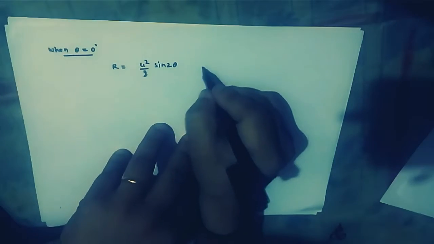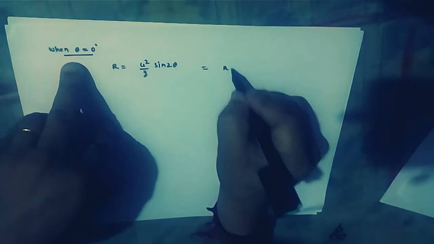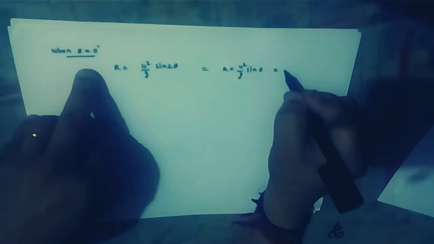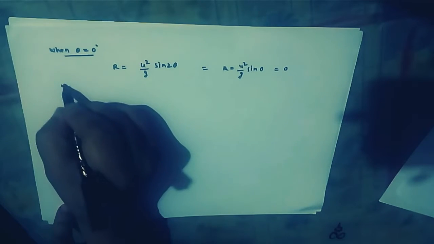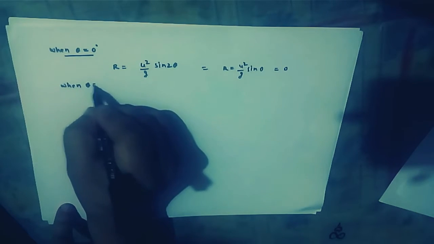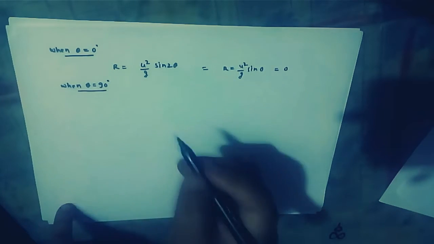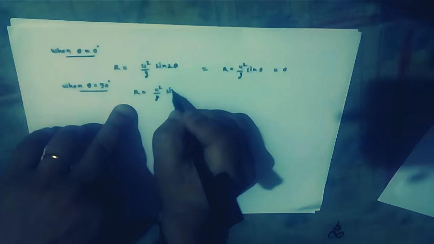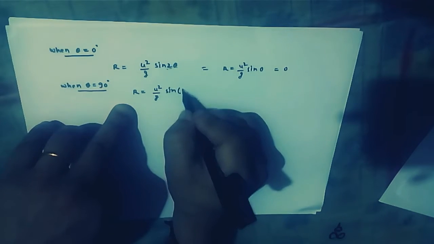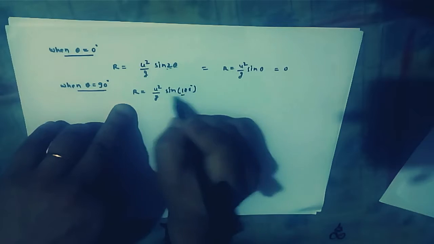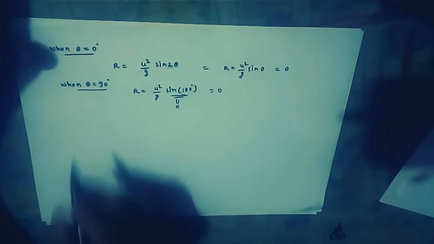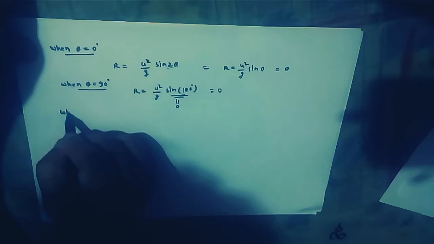So when theta is 0, R would be u square upon g into sin 0. Sin 0 is always 0, so range is 0. So when theta is 90 degrees, what is R? That is u square by g sin 180 degrees, which is again 0, right?